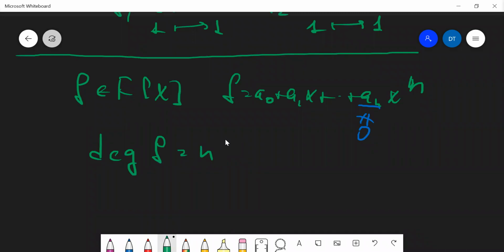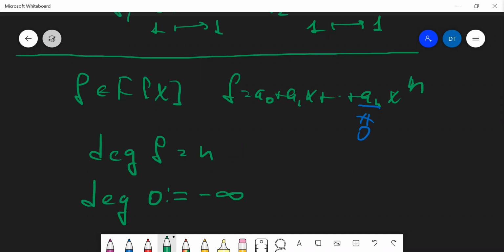Well, there is one special case for this definition. What if we do not have at least one summand here? It may happen only in one special case, when f is 0. If we have a 0 polynomial, the sum is empty. In this case, we just define the degree of the 0 polynomial to be minus infinity.